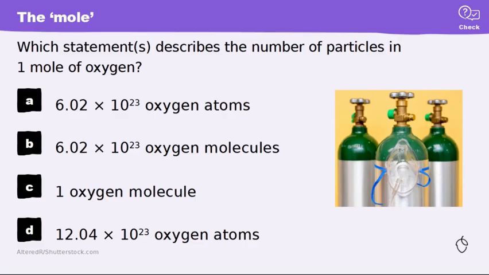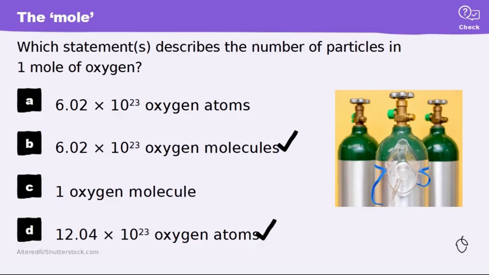Which statement describes the number of particles in 1 mole of oxygen? If you said B, 6.02 times 10 to the 23 oxygen molecules, that is 1 mole of oxygen molecules. And you could also say D, 12.04 times 10 to the 23 is 1 mole of oxygen atoms, because an oxygen molecule is a diatom.